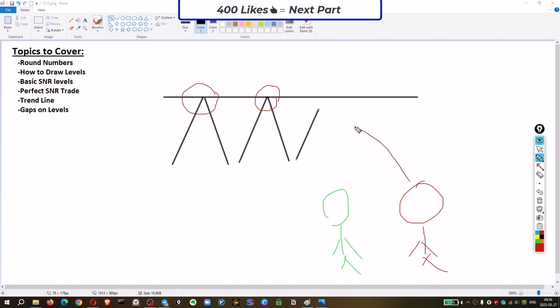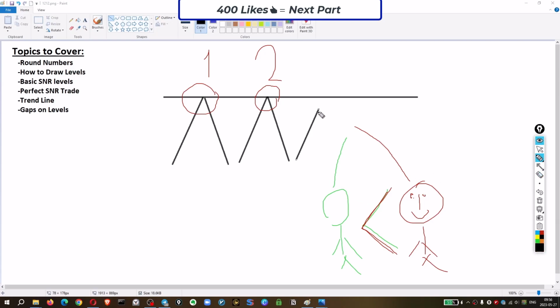They both come here, and at this point, sellers are more than buyers, because we see that 2 times sellers have entered, and they are like, okay, we will enter one more time. The sellers also see that the previous 2 times they have won the fight of entering the market. They know that they're going to lose again, so they're like, okay, you can enter a third time.